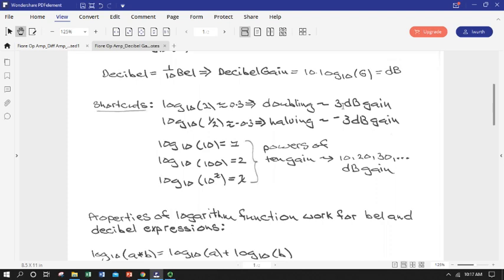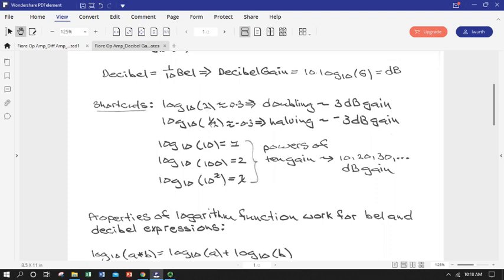If we're halving the power, we're operating on 1/2, or 2 to the minus 1, and if you're familiar with properties of logarithms, that 2 to the minus 1 is equivalent to negative log base 10 of 2. So that would give us a negative 0.3, multiply by 10 to get the decibel level, and we're at negative 3.